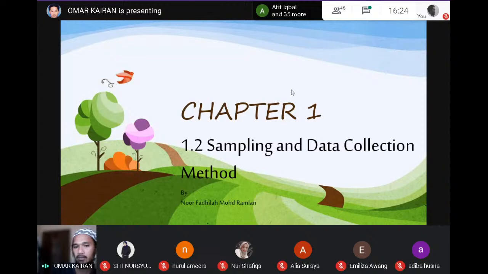As I mentioned just now, a good analysis depends on the accuracy of data, and accuracy of data depends on the sampling and data collection method. What kind of sampling method and data collection method you are using in your research, that's why we discuss this in this subject.